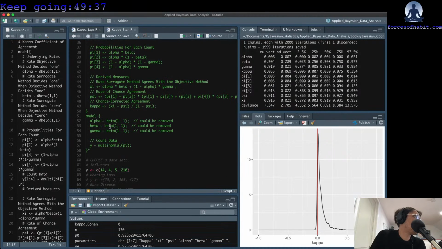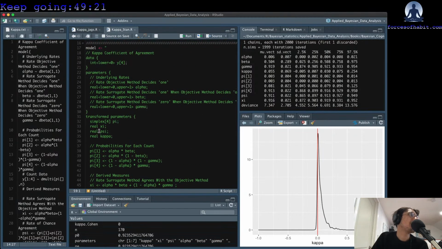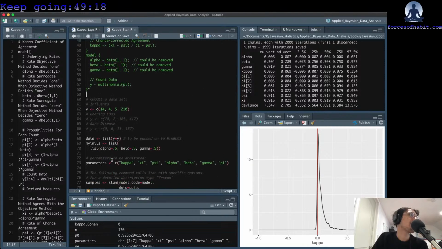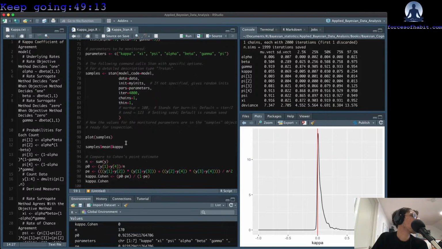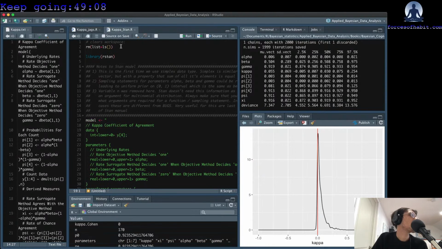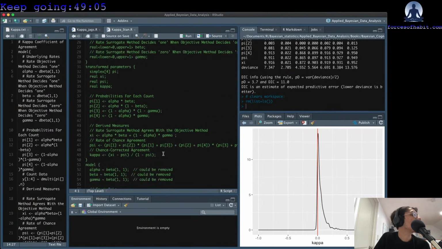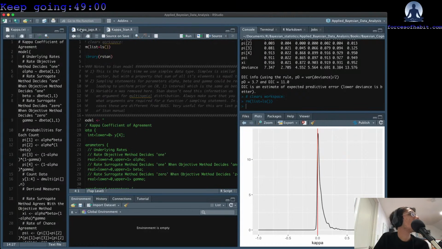Data, model, parameters. And each of these are priors, beta, uniform distributions. And the data comes in the form of multinomial by pi, which is each of the 4. Cool.